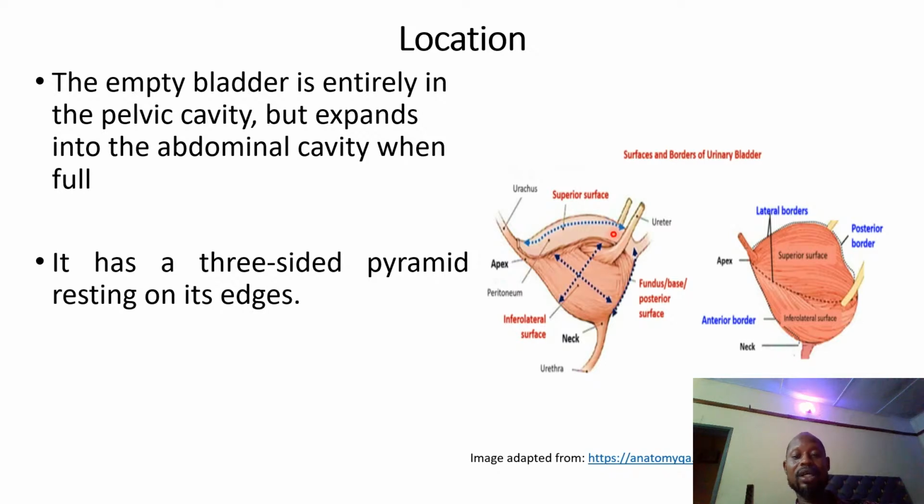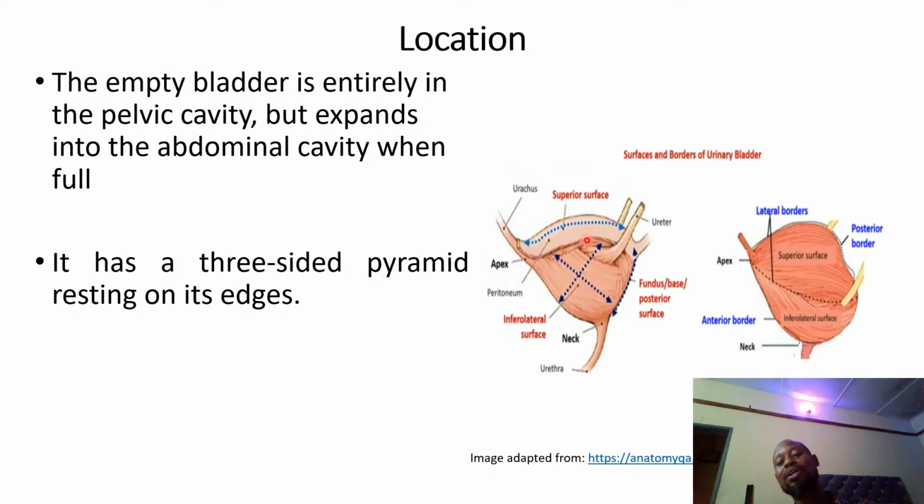The empty bladder has the shape of a three-sided pyramid. And we can then go further to identify the parts of the bladder.